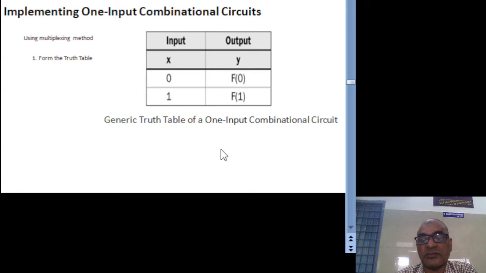Because there are 2 outputs with 1-bit data, the RAM includes 2 locations, and each location can hold only 1-bit data. This is followed by a multiplexer. Here the RAM size is only 2, so we need a 2 input multiplexer. A 2 input multiplexer means it has one select line.